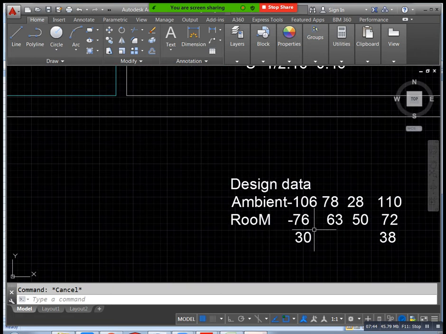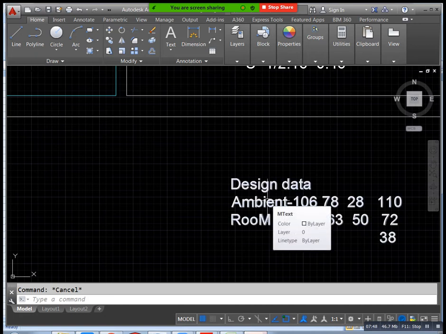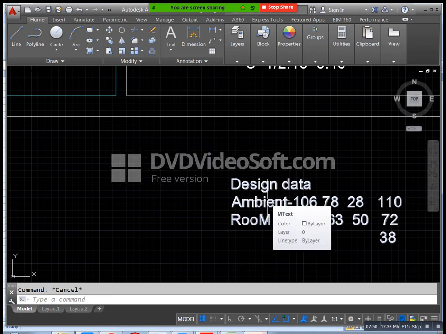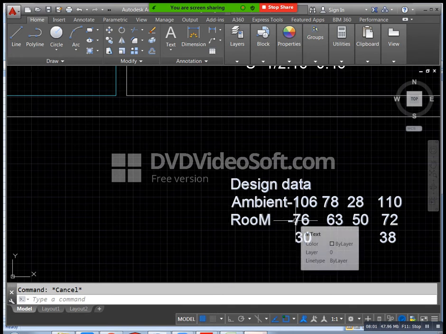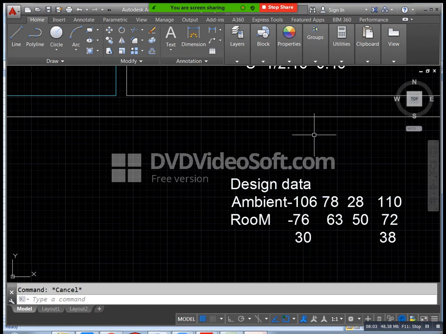Room temperature means as per ASHRAE or ISHRAE standard, worldwide we have one human comfort zone temperature. That temperature we need to take for residential and commercial. For hospitals and industrial, they give particular temperature values for your room. Based on that you need to specify.